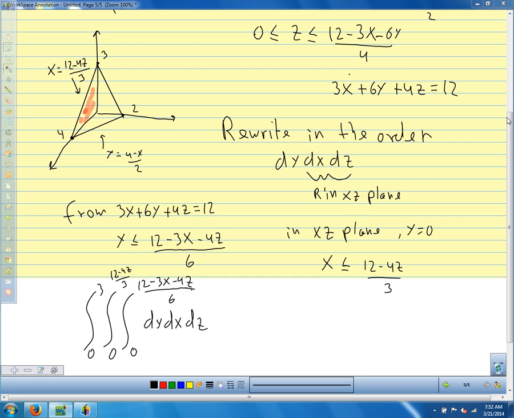All right, let's talk about a few applications of triple integrals. Triple integrals make finding mass and moments of inertia of solid regions very easy.